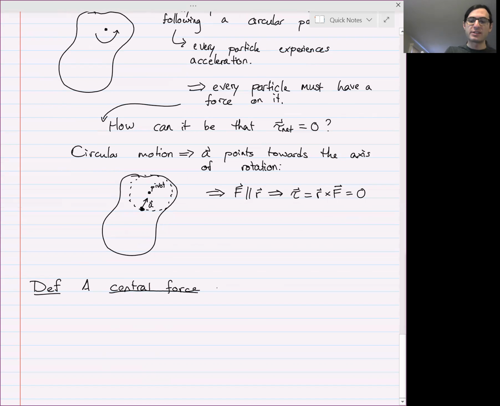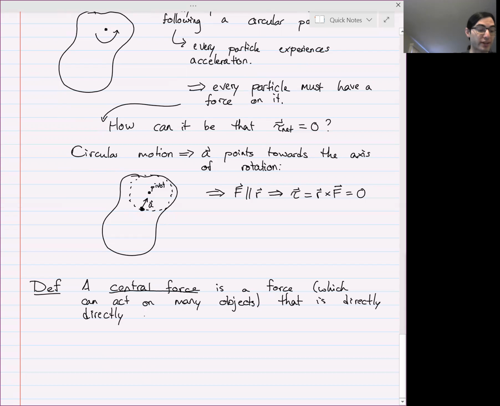A central force is a force, and that force can potentially act on many objects, to get this definition right, that is directed directly toward or directly away from a single point in space.